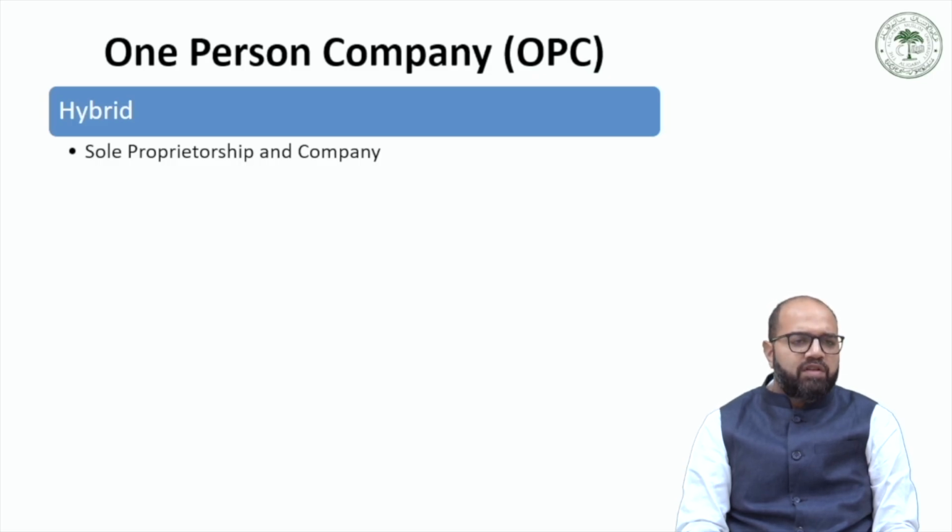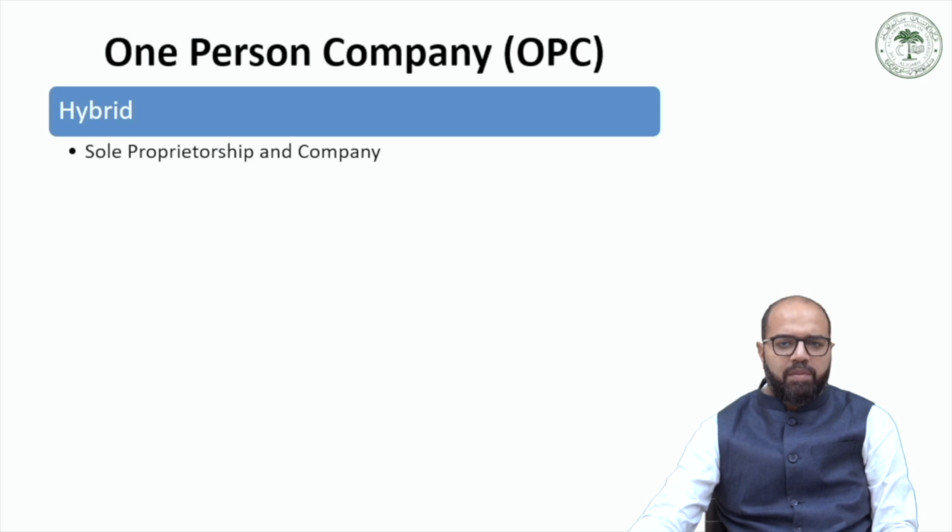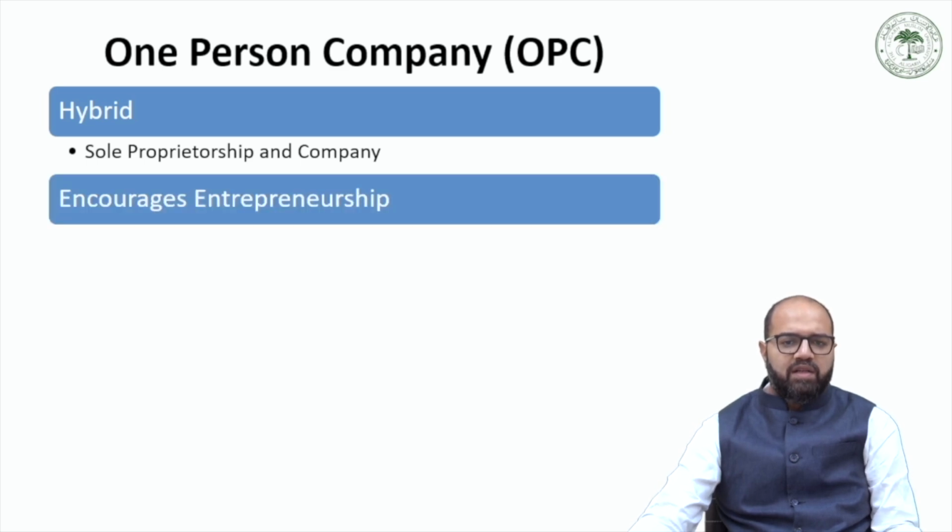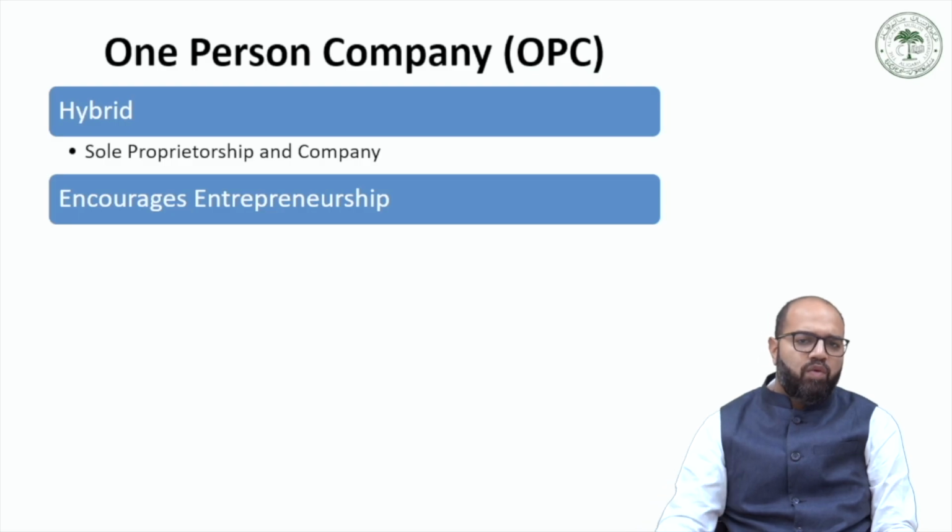This enables the sole proprietor to avail of the various benefits of a corporate entity, such as the principle of limited liability and separate legal personality. The next aspect of an OPC is that it encourages entrepreneurship and innovation.